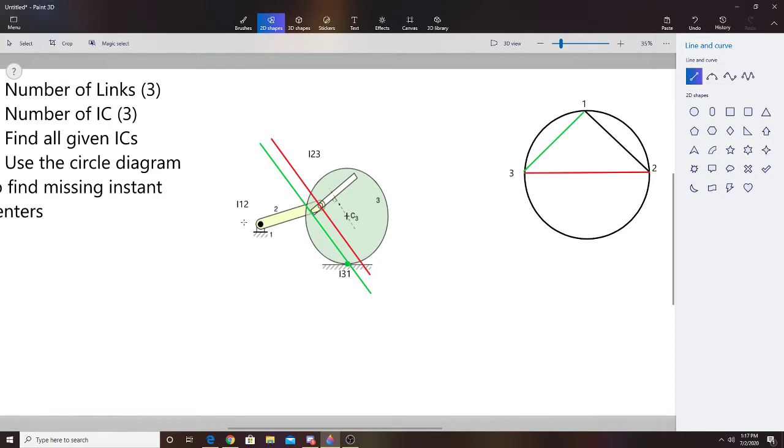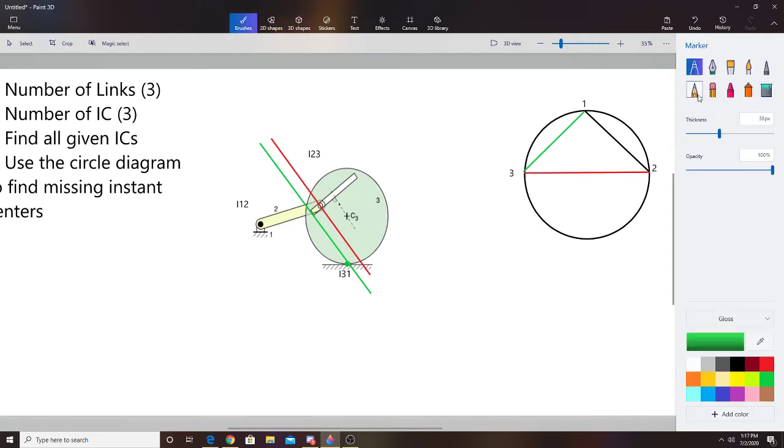So if you take I12 and connect I23, you just draw a line straight down. So it does exist on that line. But it just didn't work out that way because of how I drew it. But what's funny is that as this thing moves further, I31 just follows a line. Essentially I31 is always going to be right here.